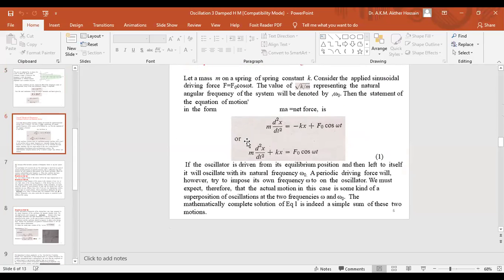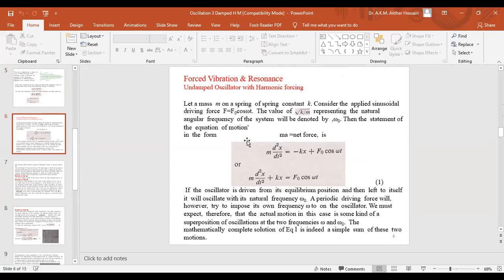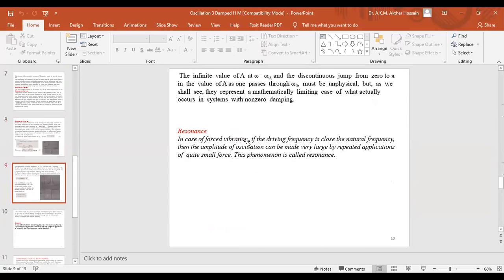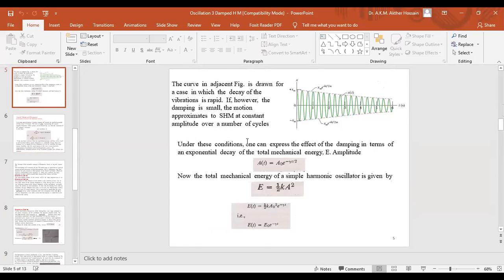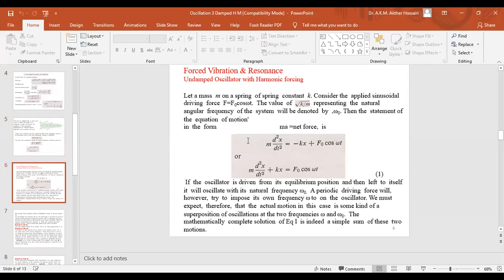So let us study forced vibration and resonance.